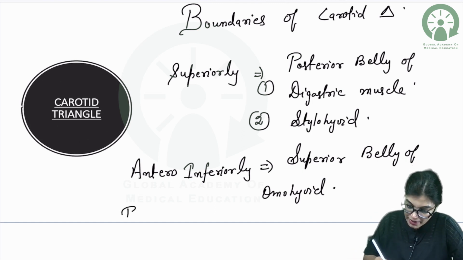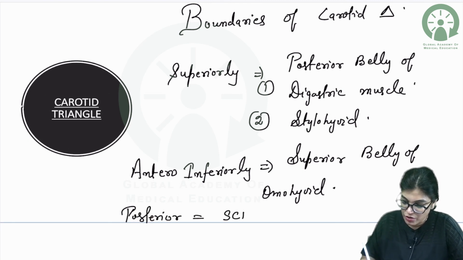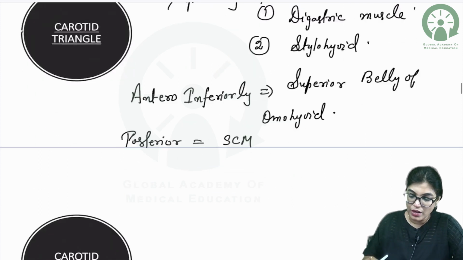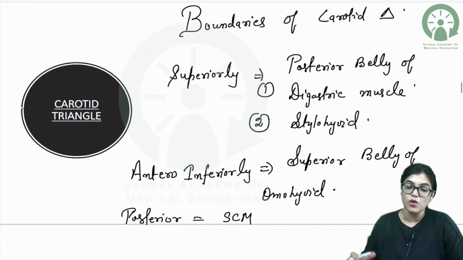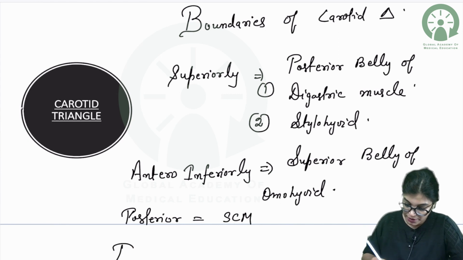Posteriorly, it is bounded by sternocleidomastoid muscle. The roof of carotid triangle is formed by investing layer of deep cervical fascia.